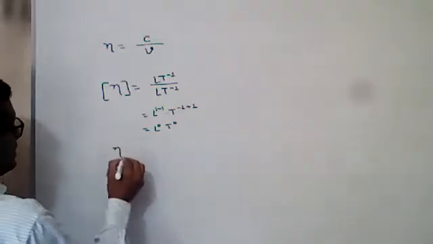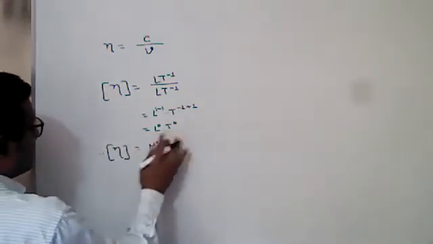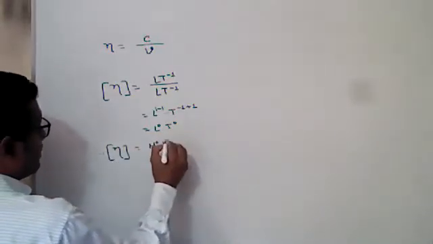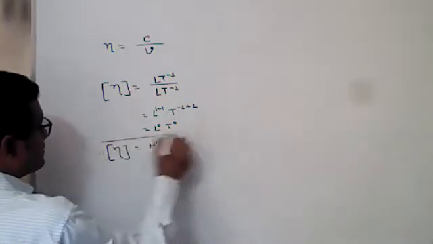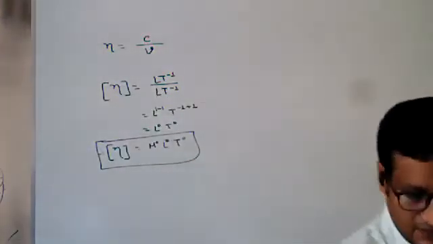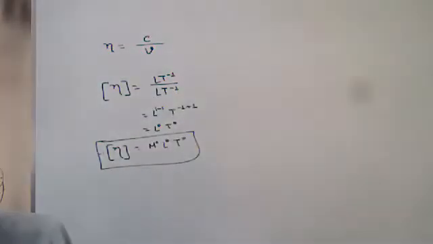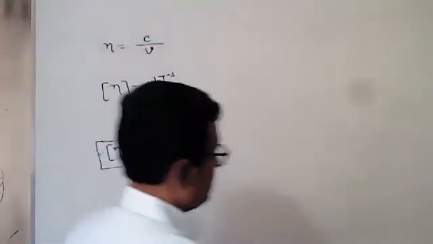So eta is M naught L naught T naught. This is the dimension of refractive index. Okay. You can derive the dimension of any quantity in such a way.